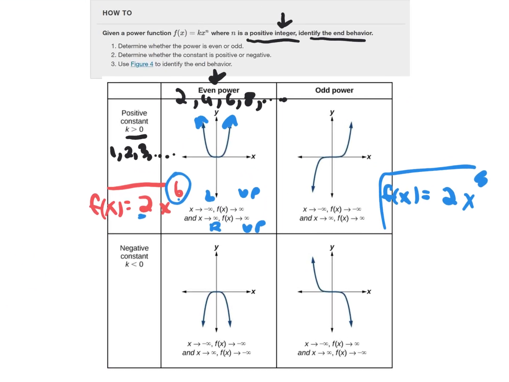What do we write down? We're going to say to ourselves, as x goes to the left, that means negative infinity, the y values, f of x, the function, goes down.